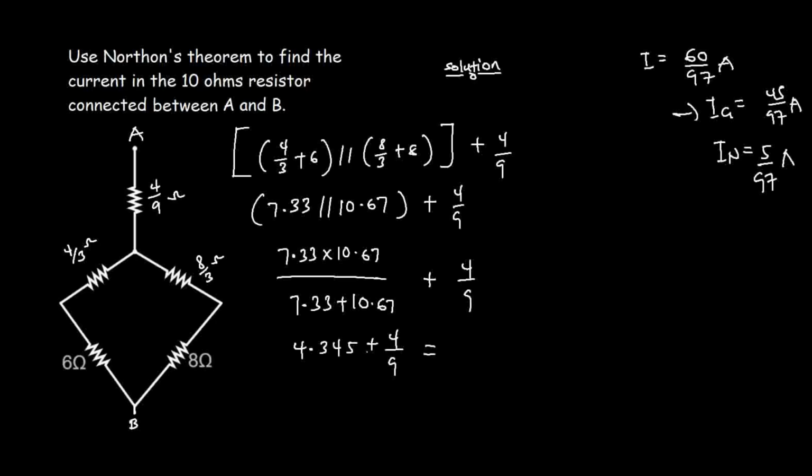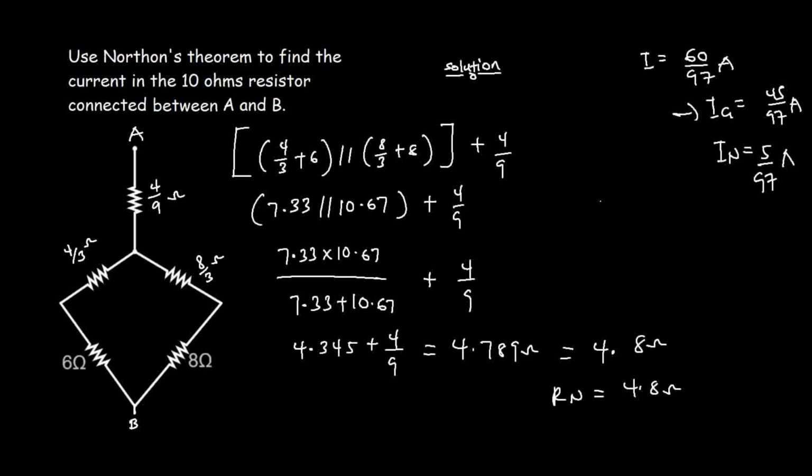So 4.345 plus 4.9 gives me a value of 4.789 ohms, which is equal to 4.8 ohms. So you have Norton's resistance to be equal to 4.8 ohms.